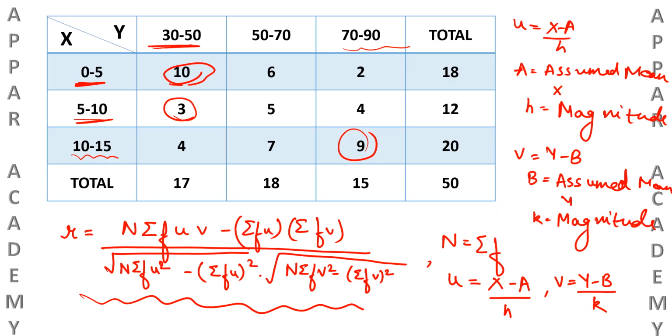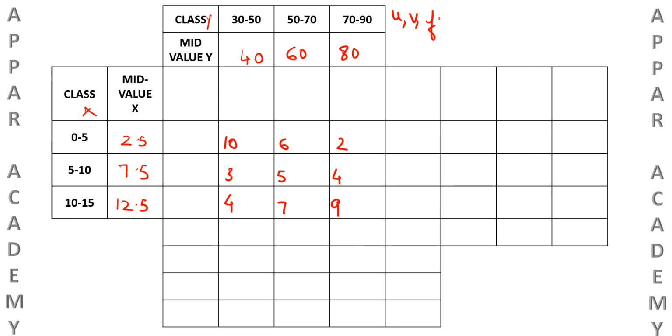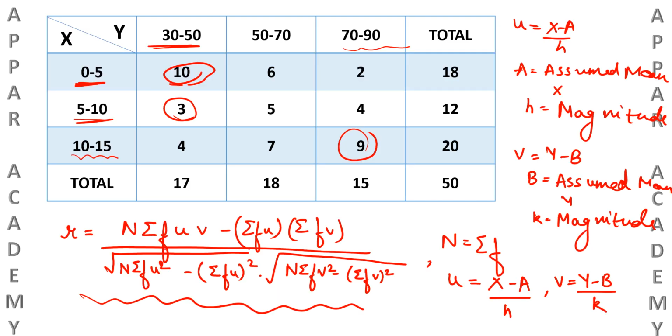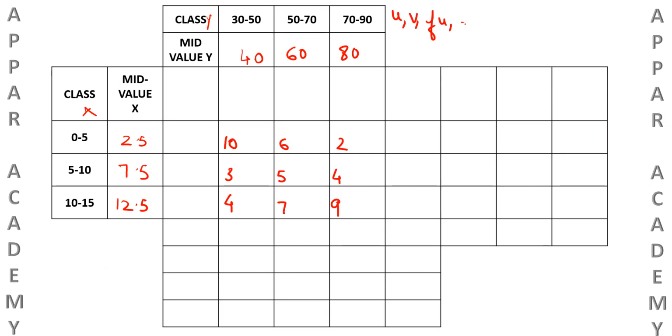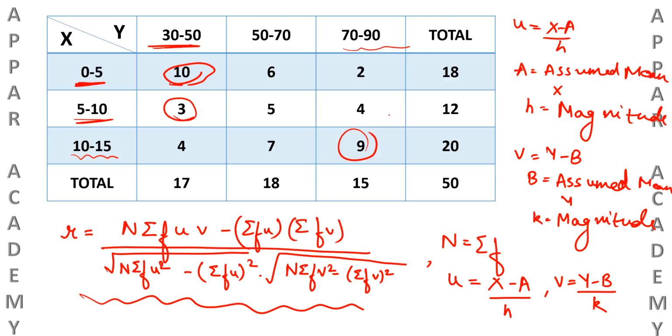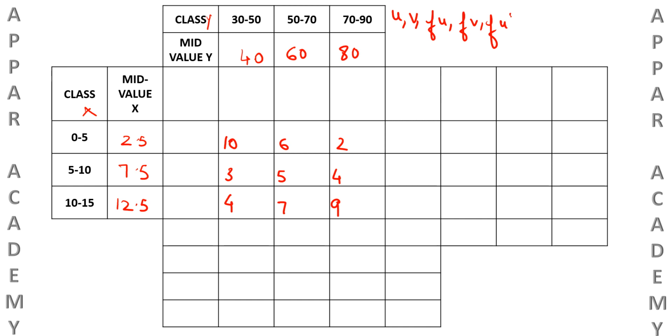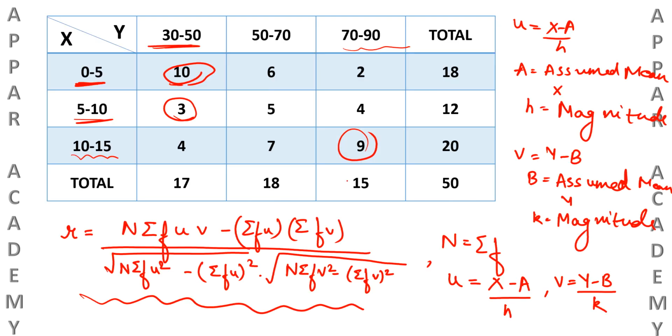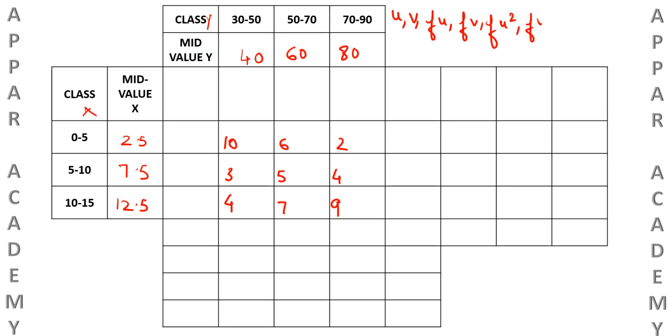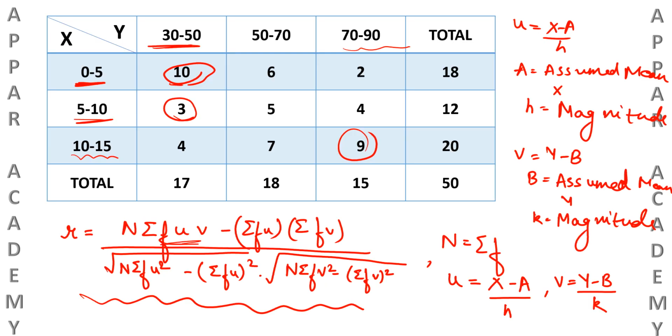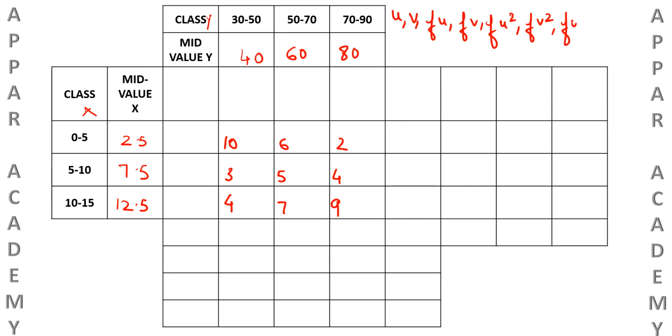We need fu, then fv, then fu square, then fv square, and the last thing we need is fuv. We need to find all this data, right?